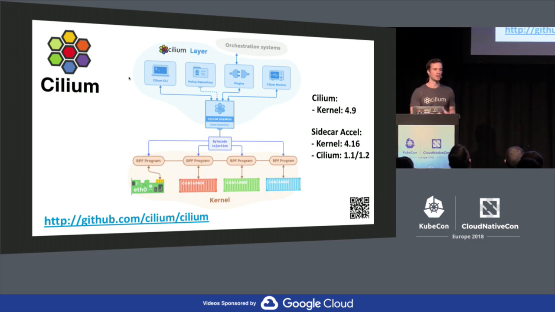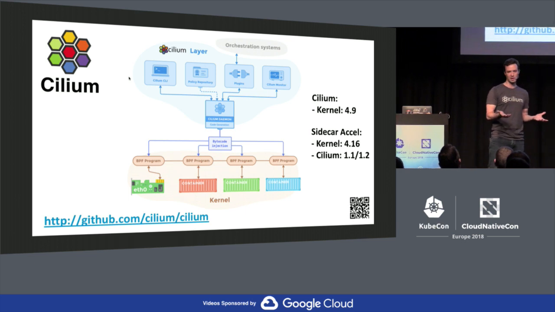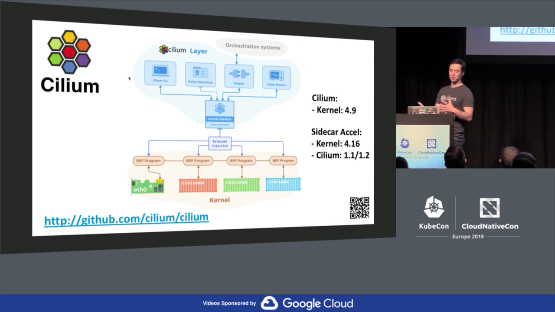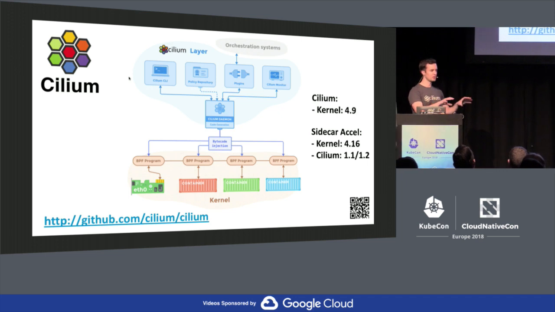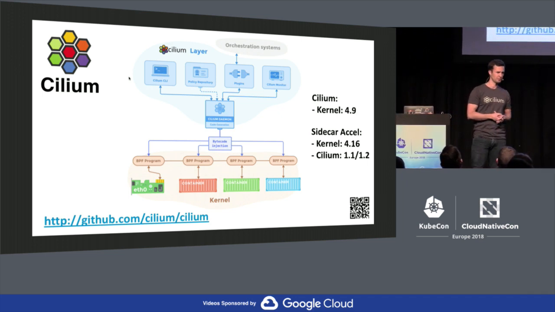For example, Google told us this week that the container-optimized Linux image that they're using for GKE is now also enabled to run this and so on. So most distros will bring you this. If you want to use the sidecar acceleration, that's a more recent feature. That is in 4.16.